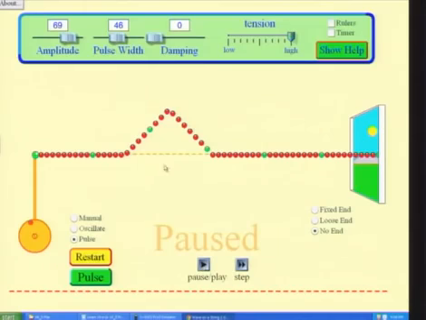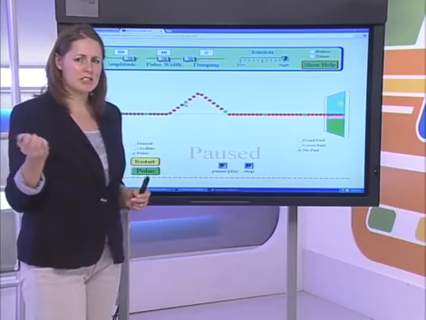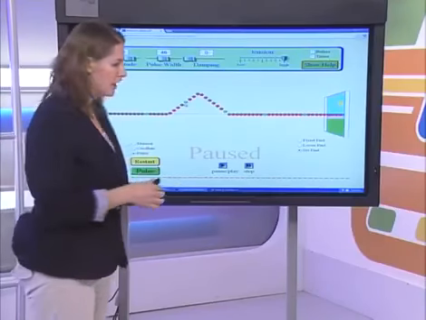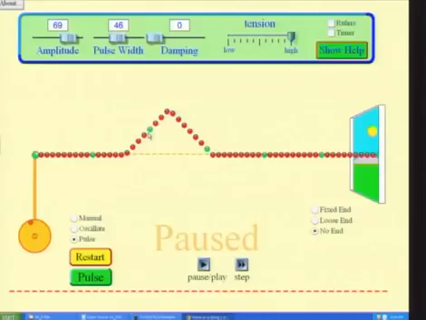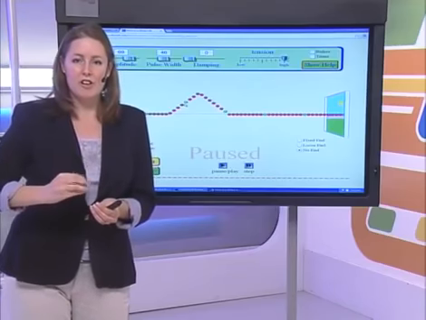Notice for me here that the particles are actually moving up and down, and let's spot this green one. What do you think is going to happen to it when it's finished? Well, that green one is going to have to move back down once the wave has passed. So the particles of this medium are moving up and down.